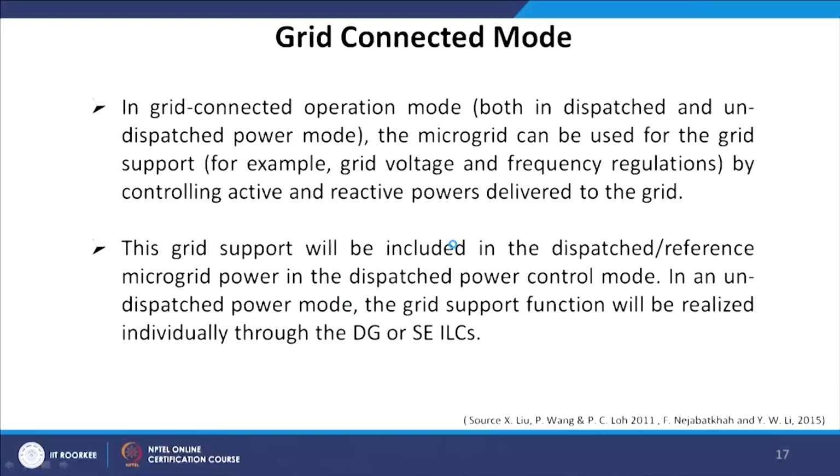Very important: this grid support will be included in the dispatched reference microgrid power in the dispatched power control mode. In an undispatched power mode, the grid support function will be realized individually through the distributed generators or storage elements or interlinked converters.